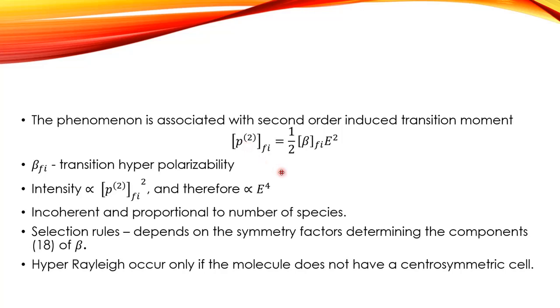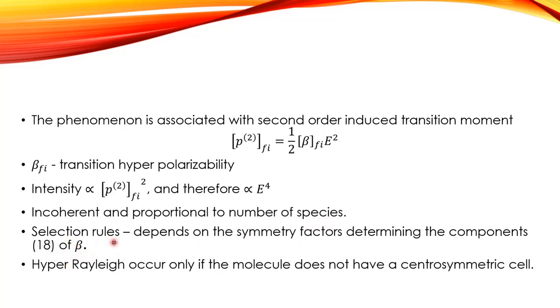Like Raman scattering, hyper-Raman scattering is incoherent and is proportional to the number of species. Hyper-Rayleigh scattering also occurs in molecules. We have different selection rules, and these selection rules depend on the symmetry factors which determine the components of beta. Beta has an 18 component tensor, so it depends on the symmetry factors which determine the value of beta.